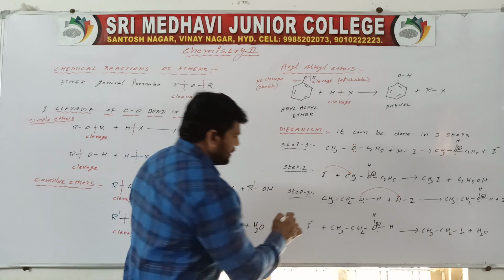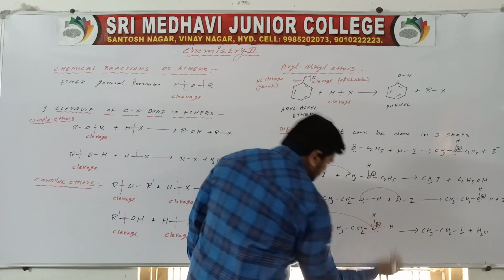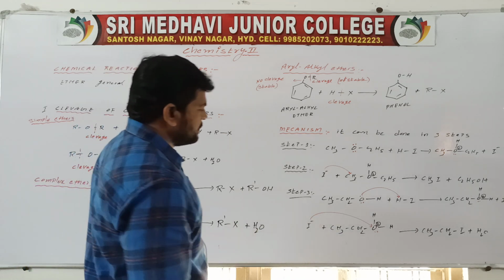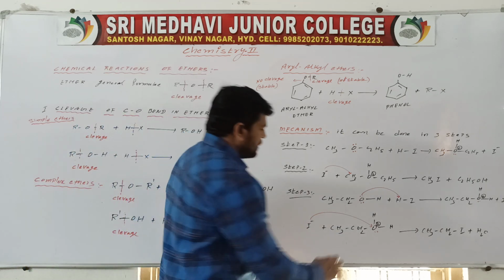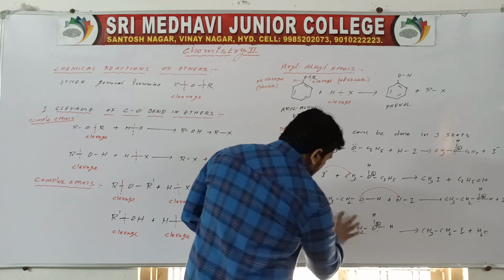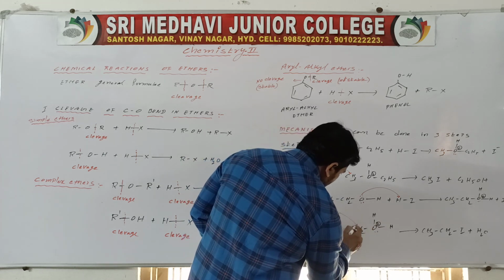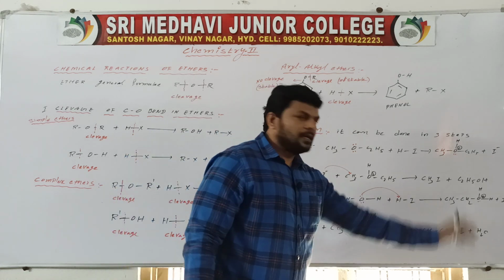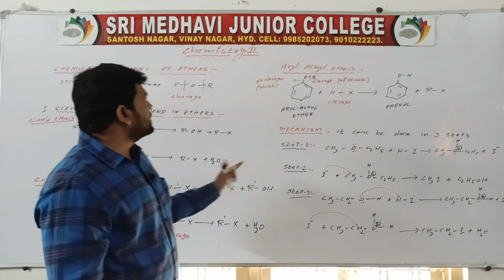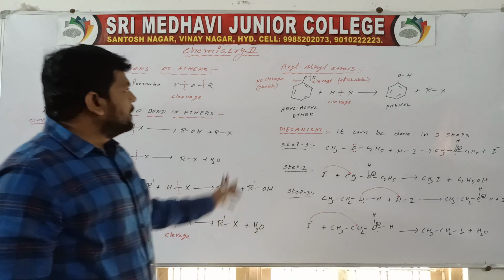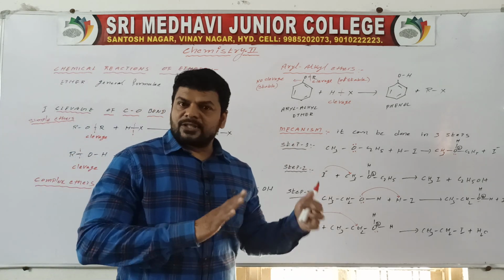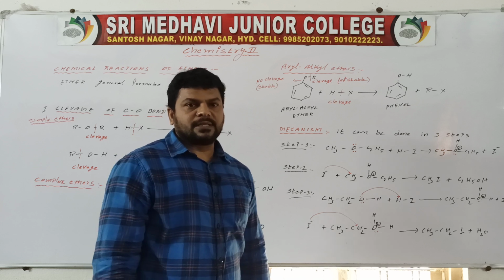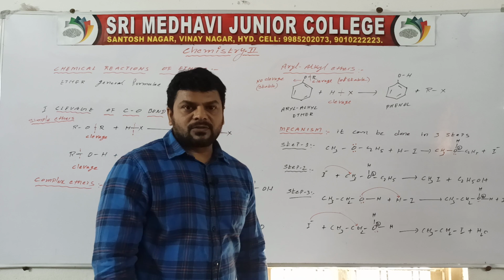Okay, then this is the way it is formed. So I minus is attached to this, CH3CH2I, then H2O is out. Okay, so these are chemical reactions of ether. It is not completed, there are still some reactions we have to discuss. So electrophilic reactions we have to discuss.